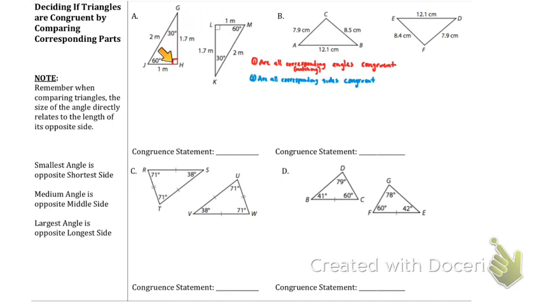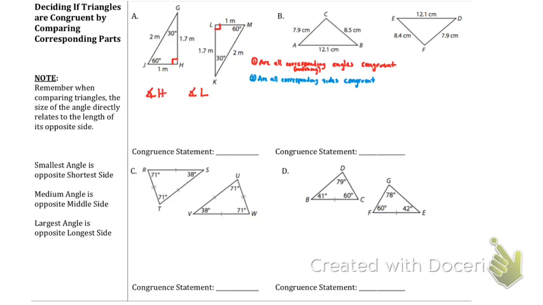If you look, angle H's partner is angle L. So these two angles are corresponding. So I can now say angle H corresponds with angle L.